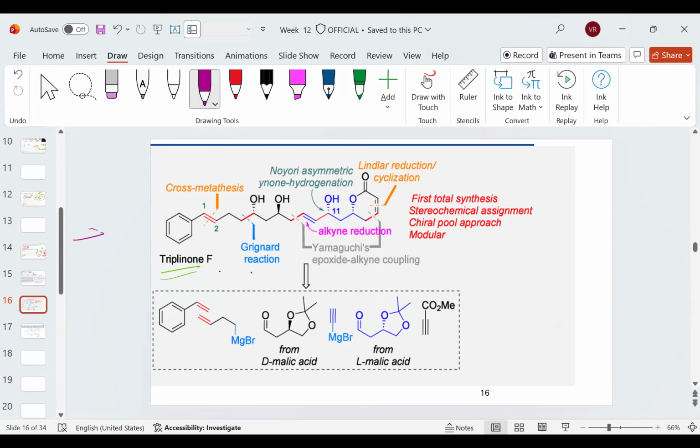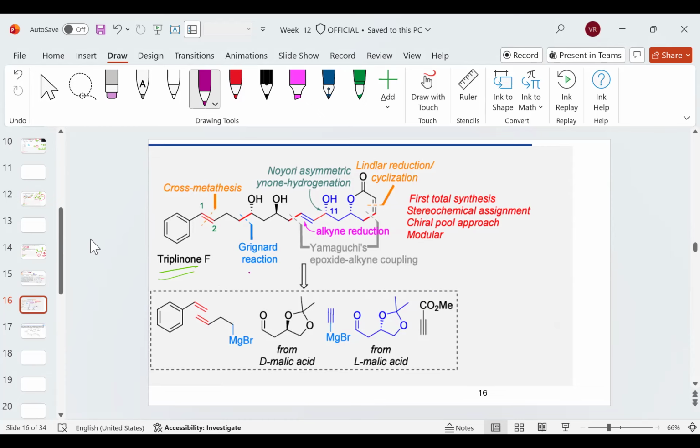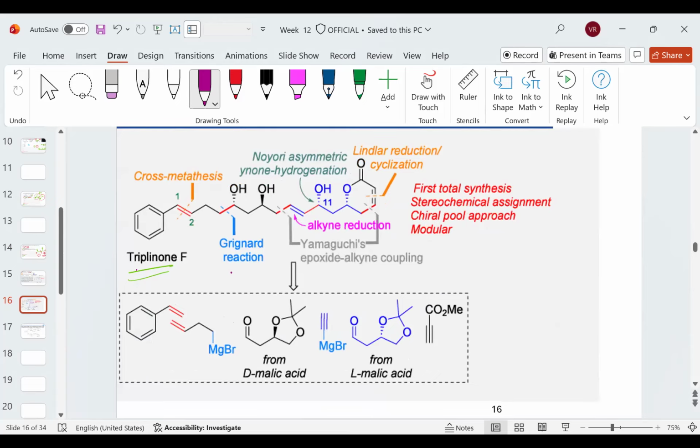If you go from the right-hand side to the left-hand side, you can see the first cleavage they did here. How can we stitch these two fragments together, the one fragment on the left side and the other on the right side?